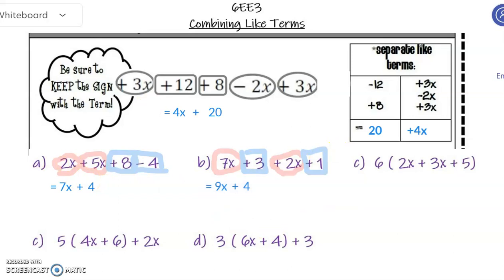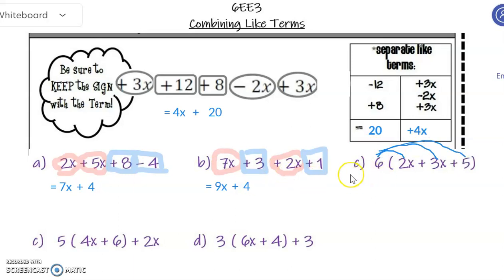Okay, if you take a look at C now, we have to do something first. We have to distribute. So we're going to use our happy rainbows. We're going to distribute the 6 to everything in the parentheses.